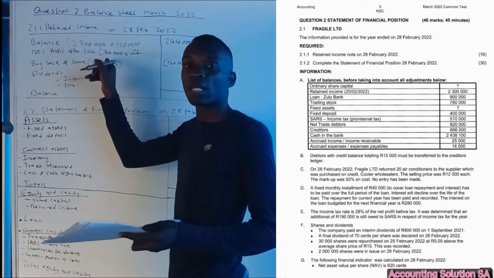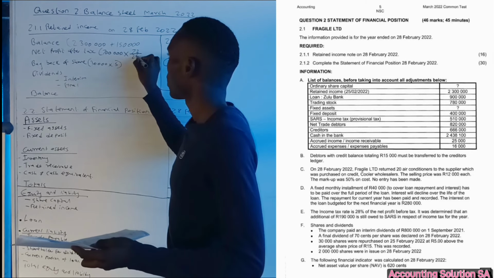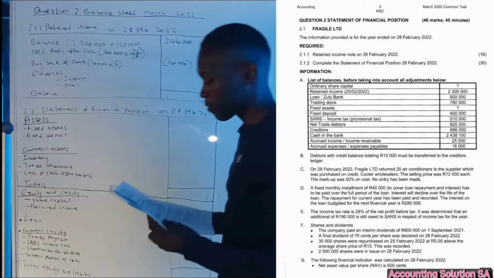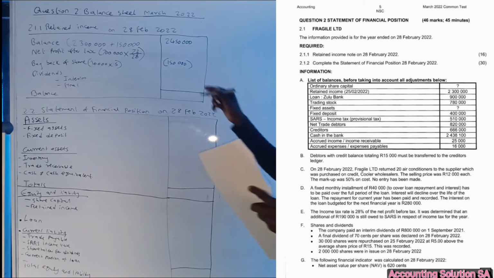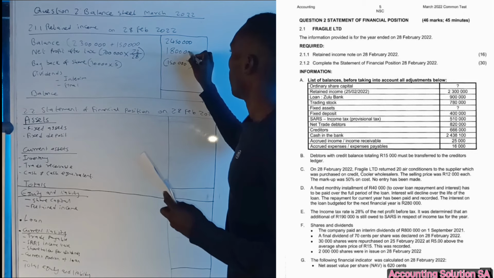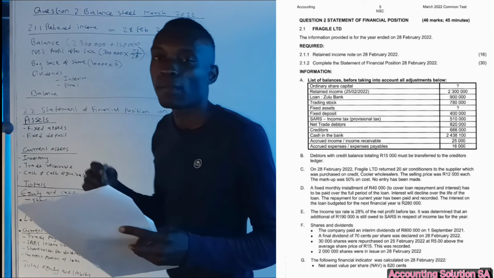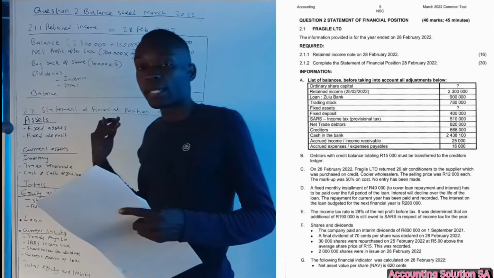What we have is tax of 28%, which means that we're going to divide by 28%. Then it's going to give us a net profit after tax of 1.8 million. Very simple, but as long as you know all the tricks that they can test you.